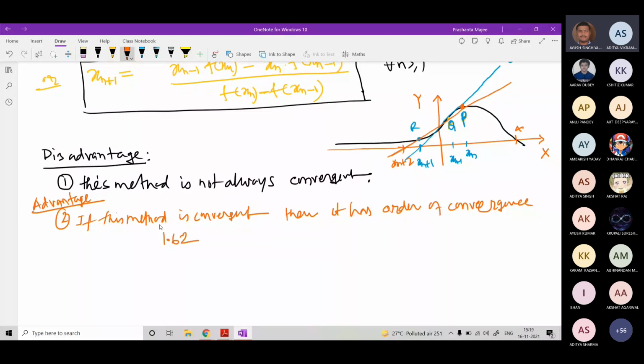That means this method is faster compared to bisection method. अगर ये मेथड कन्वर्जेंट हुआ तो ये मेथड आपको जल्दी सॉल्यूशन देंगे कंपेयर टू बाइसेक्शन मेथड, बिकॉज इट हैज ऑर्डर ऑफ कन्वर्जेंस 1.62 एंड बाइसेक्शन मेथड में कितना था 1 था.